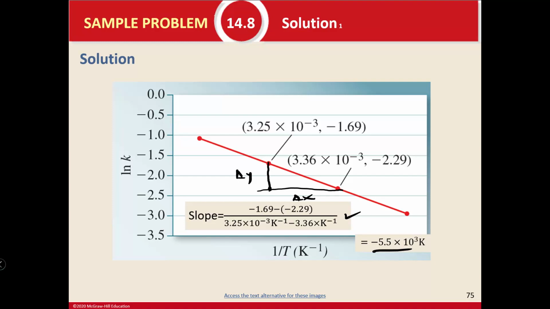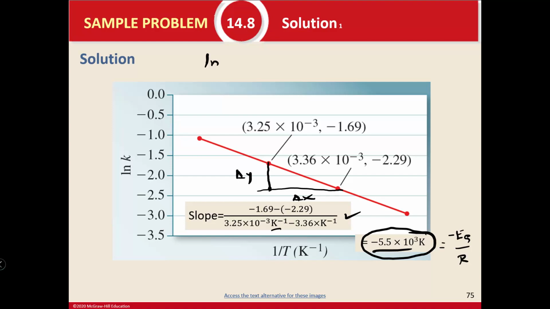Remember, this is a quotient of a quotient, so it pops up into the numerator, and so we get that value there. What is that value? Well, that value is negative E sub a over R. Now, a lot of people think that that's the activation energy. It's not. It's equal to negative E sub a over R. And again, why do you know this?